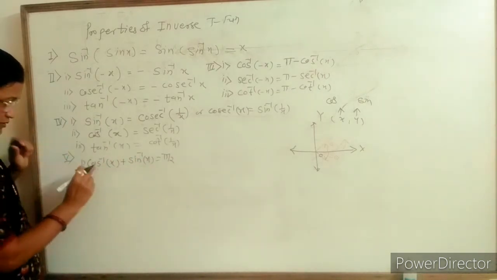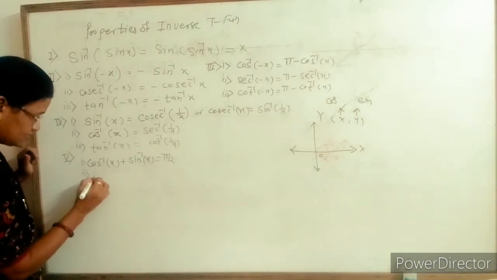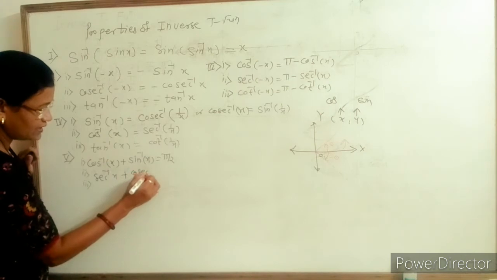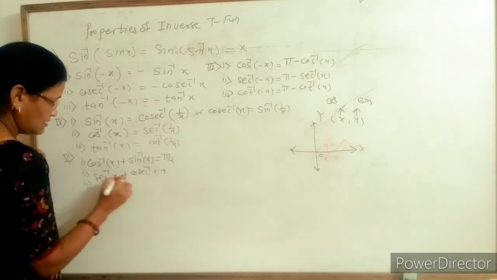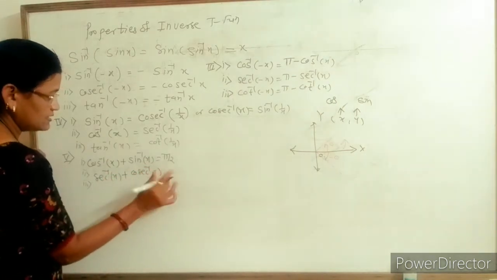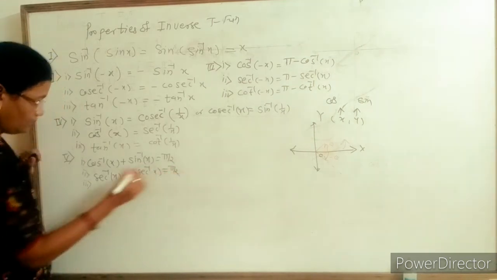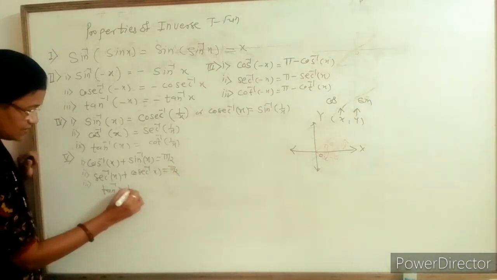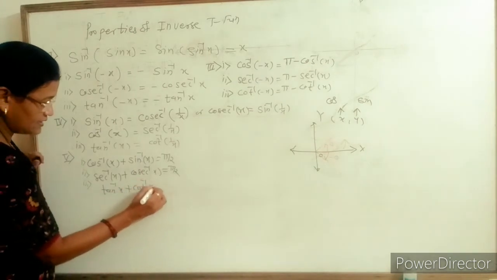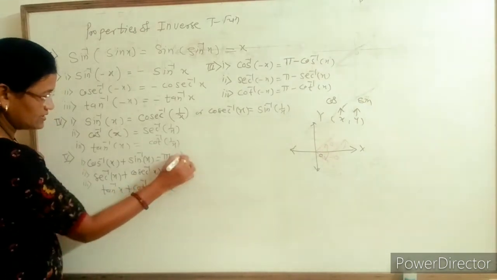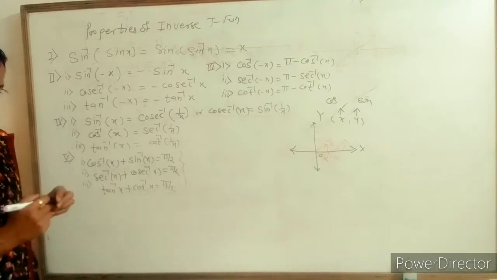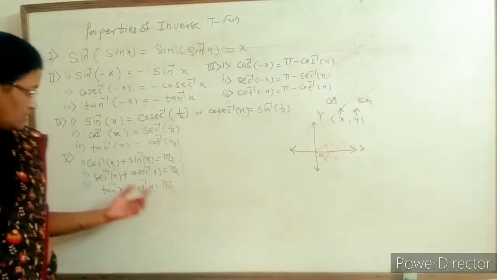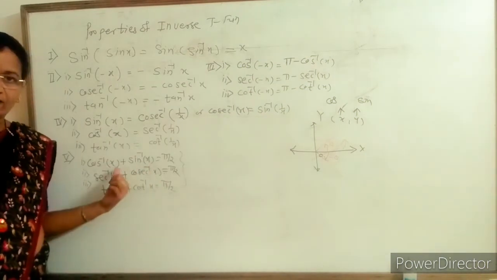Next property, cos inverse can be replaced by its reciprocal, which means we may take sec inverse x plus cosec inverse x. Again that addition is equal to pi by 2. And the next property is tan inverse x plus cot inverse x, which is again pi by 2. This is a very important property because many times in examples on integration or derivative, only those numbers are reversed.